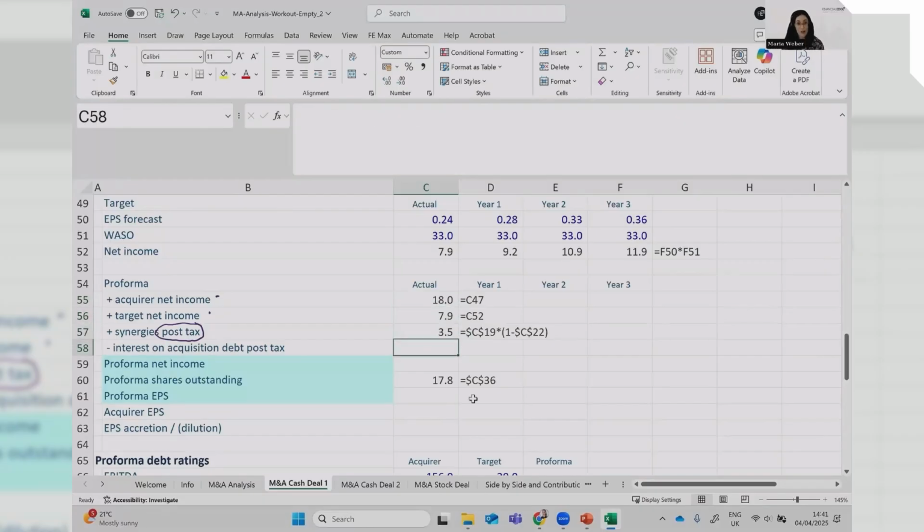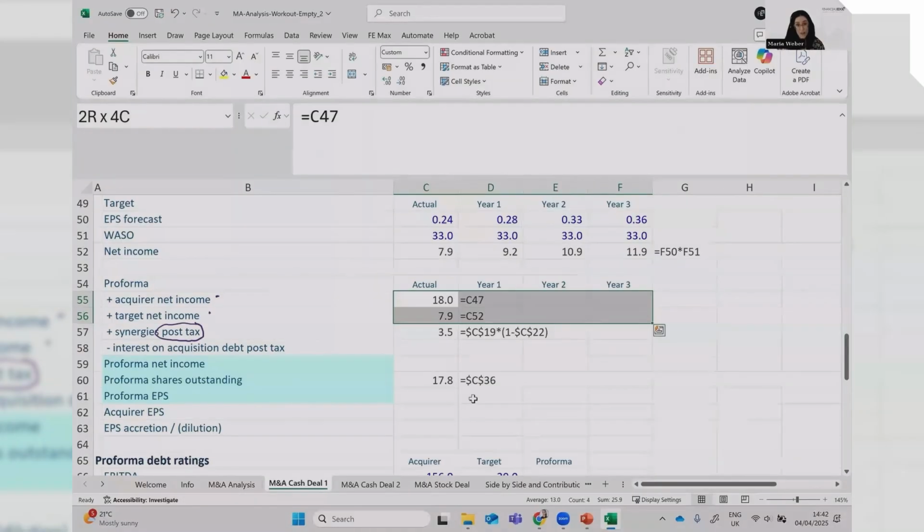And then we've got to think about, okay, how are we financing this? Because if I'm using debt finance, I'm going to pay more interest than what has been built into my standalone forecasts. If I am repaying the debt in the target, I'm going to be saving interest.